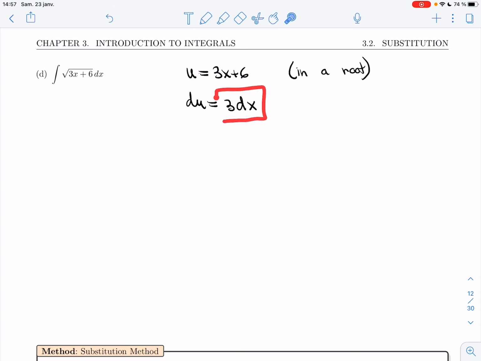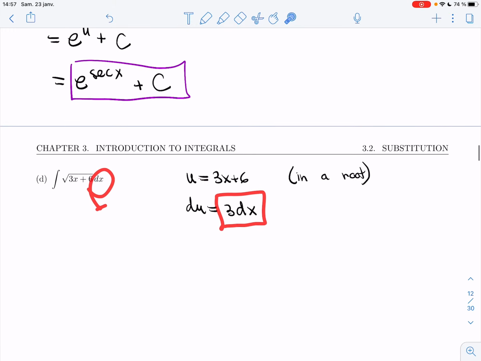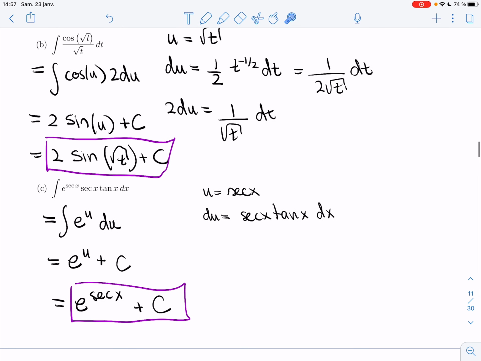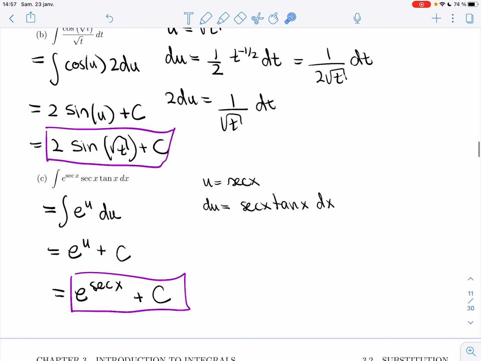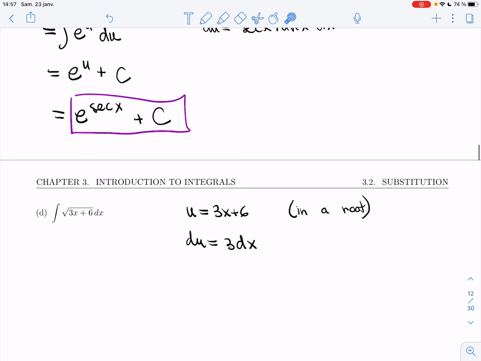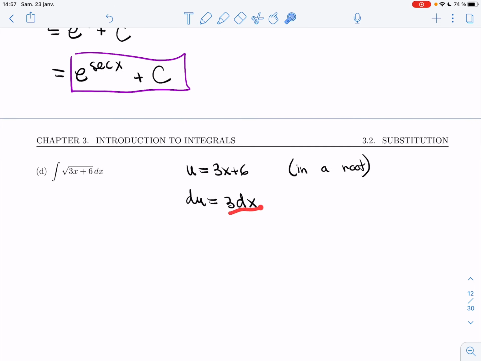So I don't have 3 as part of my integral with my dx, but like we said in the previous example, the fact that I'm just missing a constant is not a problem. The constant will work out. And so here, because the derivative is so simple, I don't need anything more than dx. I'm just going to replace dx by 1/3 du.